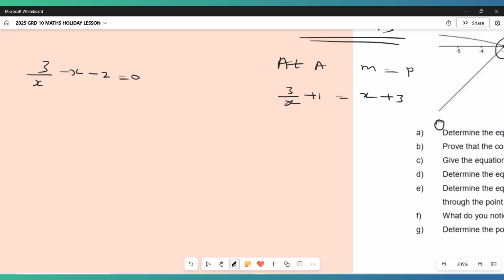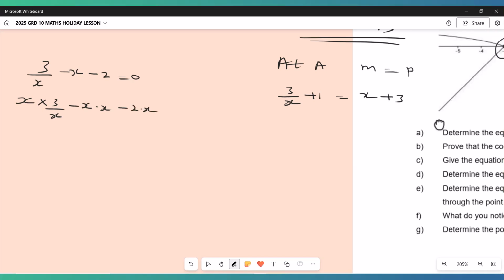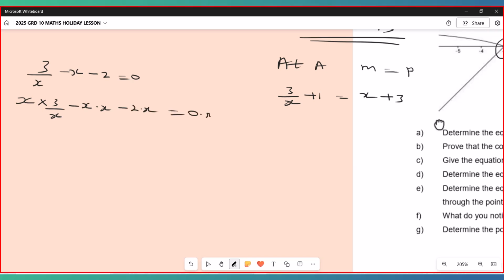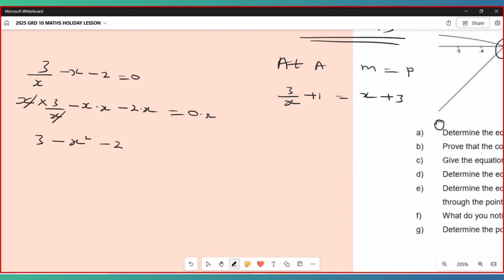Okay, so here we have x multiplied by 3 over x, minus x times x, minus 2 multiplied by x equals 0 times x. Here I can divide by x, left with 3, then minus x squared, and then minus 2x, equals 0.